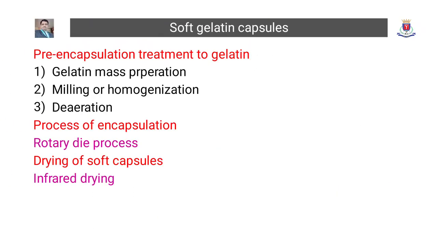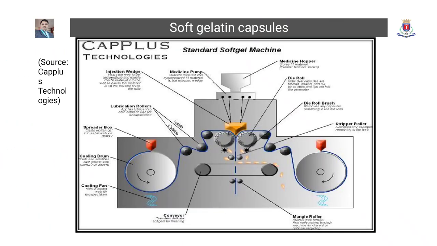After the encapsulation process, drying of soft capsules is carried out. This drying is carried out by infrared rays. Immediately after manufacture, the capsules are automatically conveyed through a naphtha wash unit to remove mineral oil lubricant, if any, present on the capsule surface.